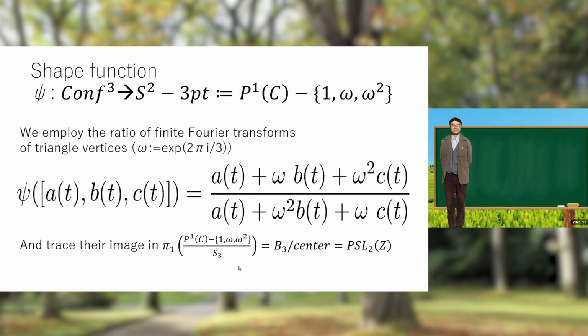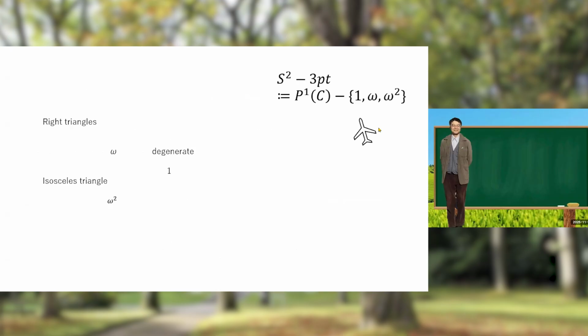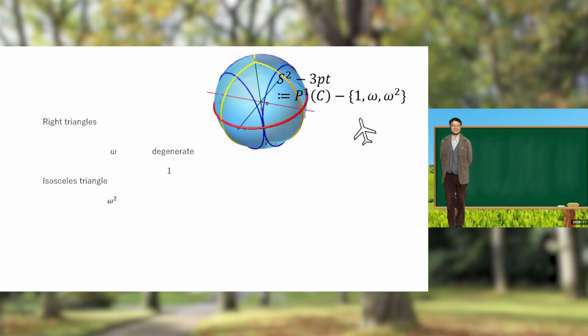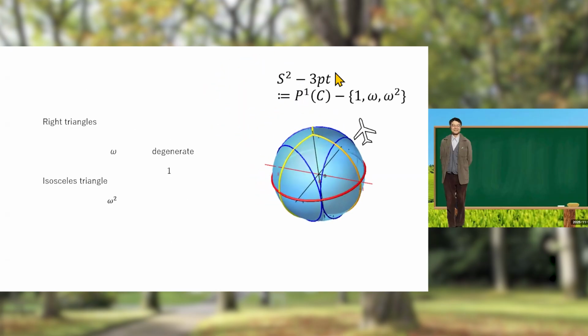Then we obtain the curve on this sphere minus three points, and we want to trace the image of these points on this sphere. We may regard the sphere minus three points simply as a sphere like this.